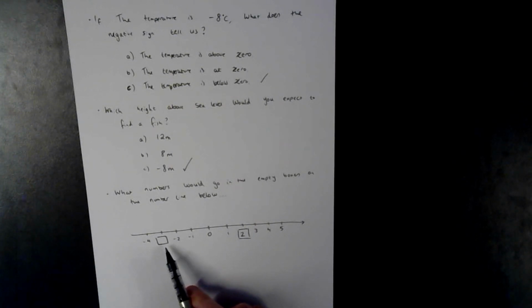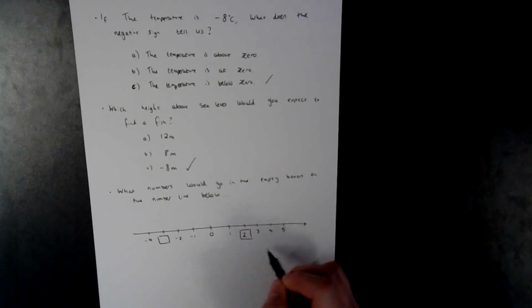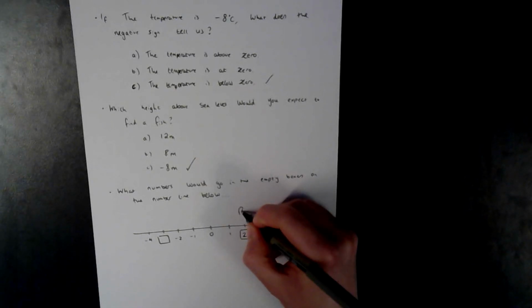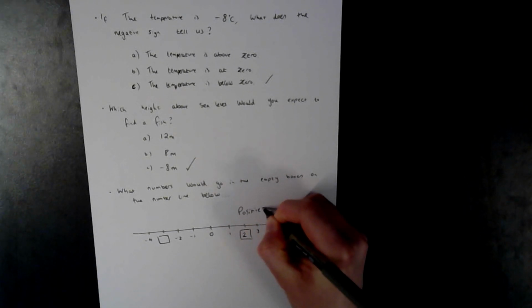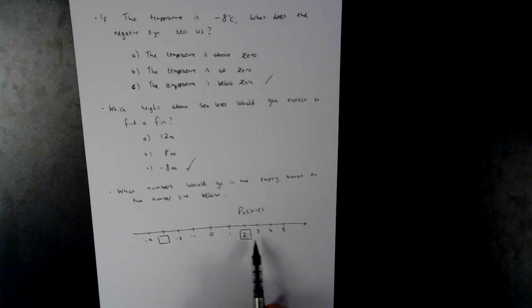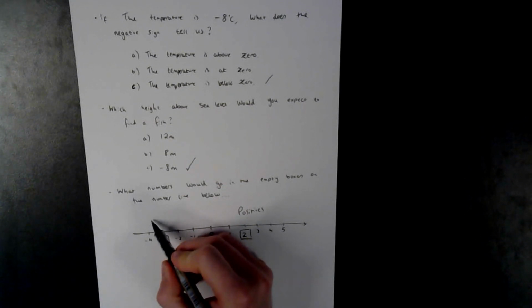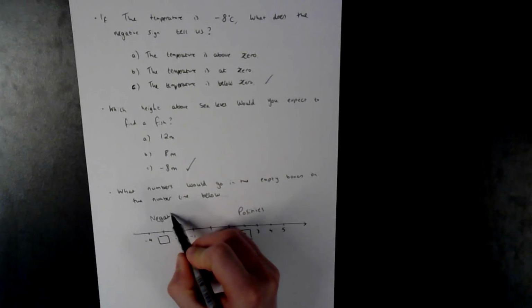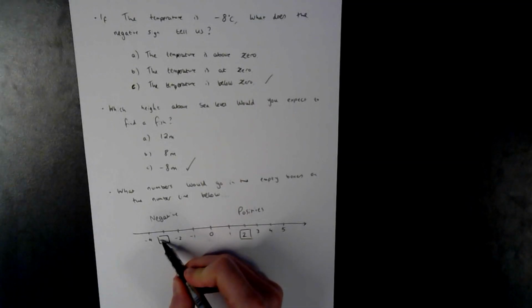This box is on the opposite side of 0 to the positives. So it would be a negative number. So that means there'll be a negative sign.